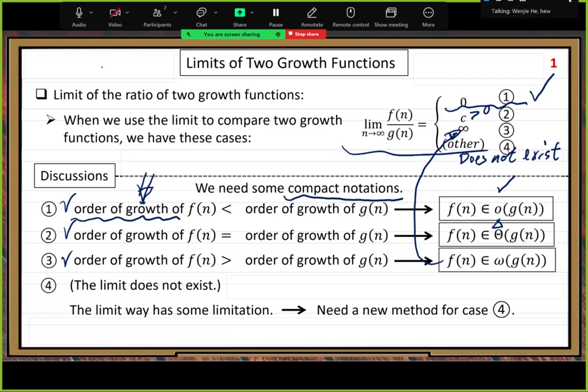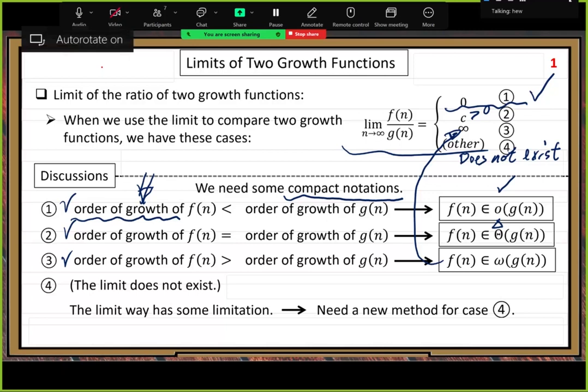What's the order of growth? We imagine there is an abstract concept, order of growth. Here, I'd like to give you a concrete, not a definition, but a concrete way to describe order of growth.